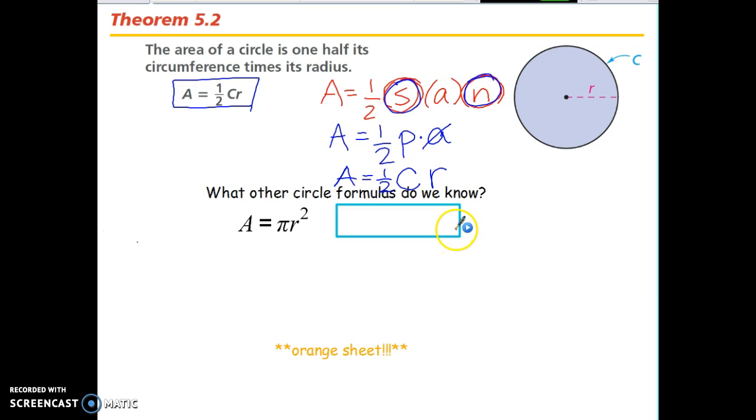And we also know a formula for circumference, and I don't like how they write that, so I'm just going to write it like this. Circumference is either 2 pi times the radius or pi times the diameter. Sorry, these two mean the same thing because the radius is halfway across, whereas the diameter is all the way across. So if you take the radius times 2, it will give you the length of the diameter.